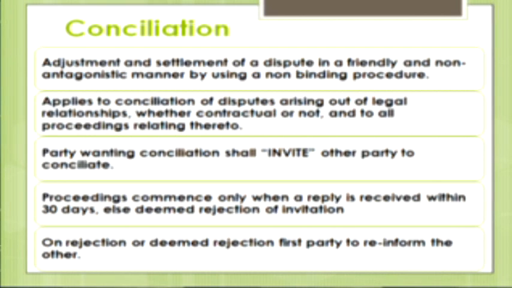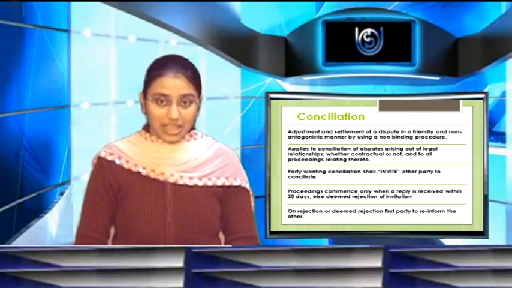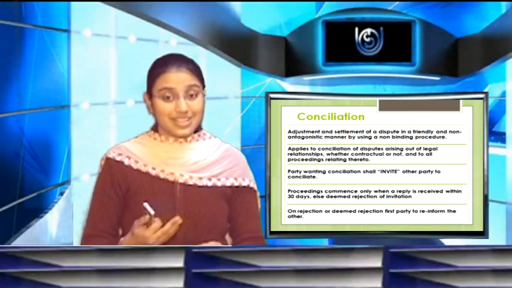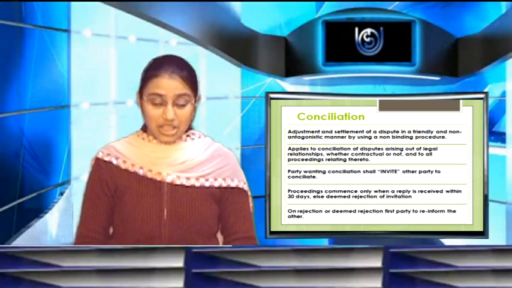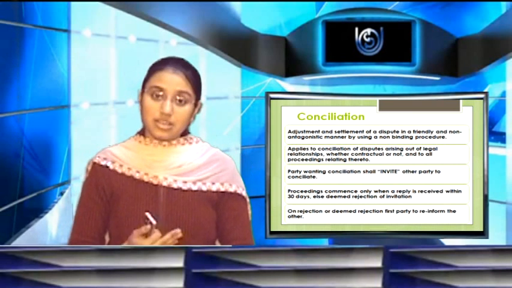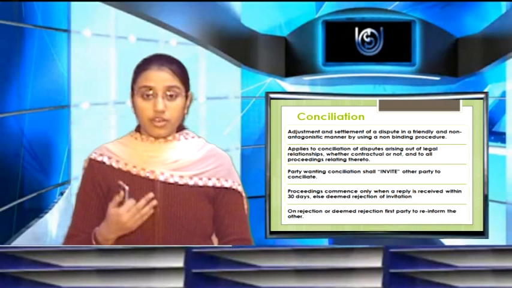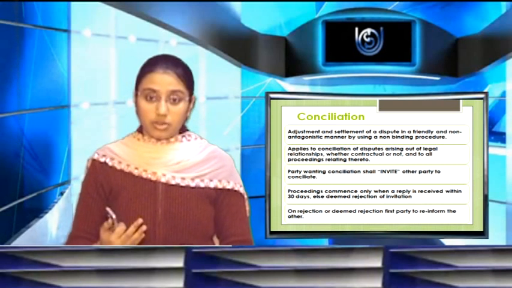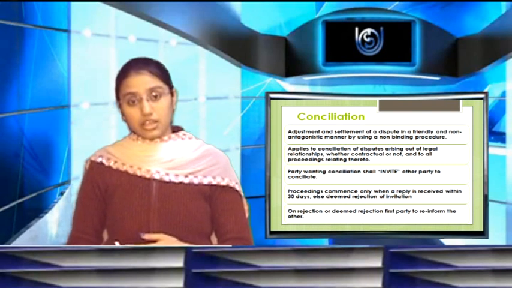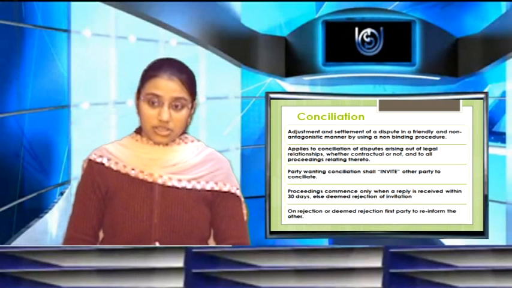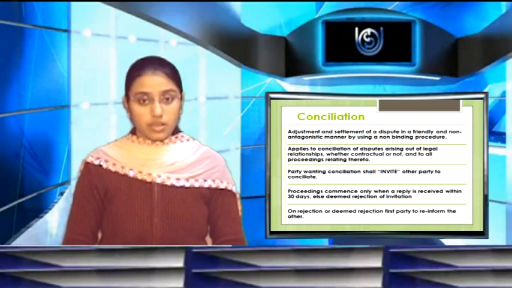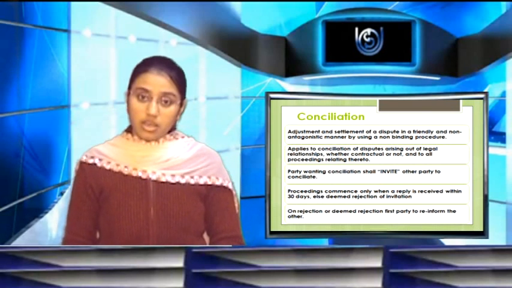So, the procedure proceeds only when a reply is received within 30 days of the invitation. If there was a rejection, then yes, the conciliation can't be considered, but there is a time of 30 days from the agreement of that particular conciliation. On the rejection or deemed rejection, the first party must be informed about that rejection.